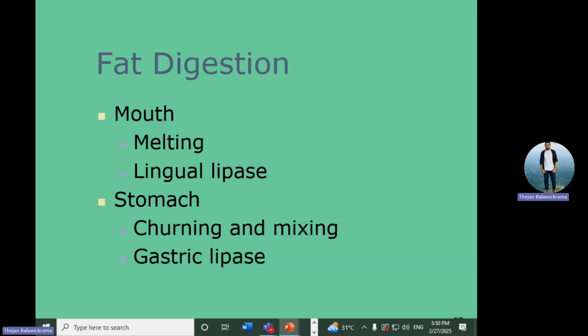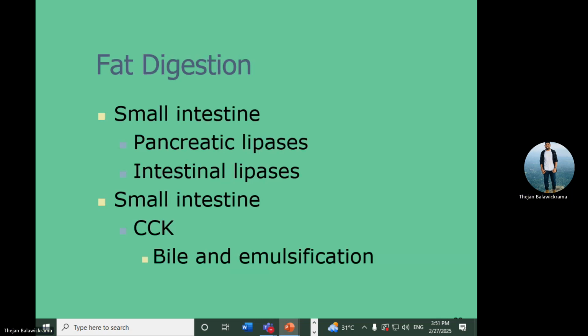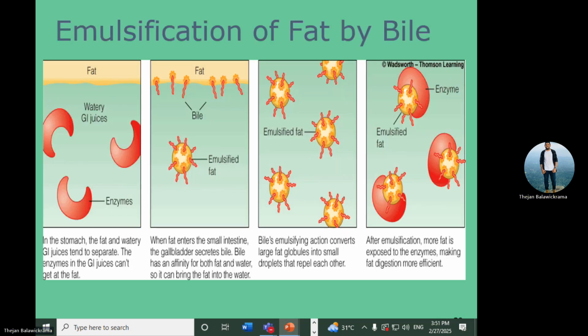So fat digestion is happening, starting from the mouth, continues in the stomach, and then continues in the small intestine. And that is the chemistry side of that. Then this diagram shows how it is happening.